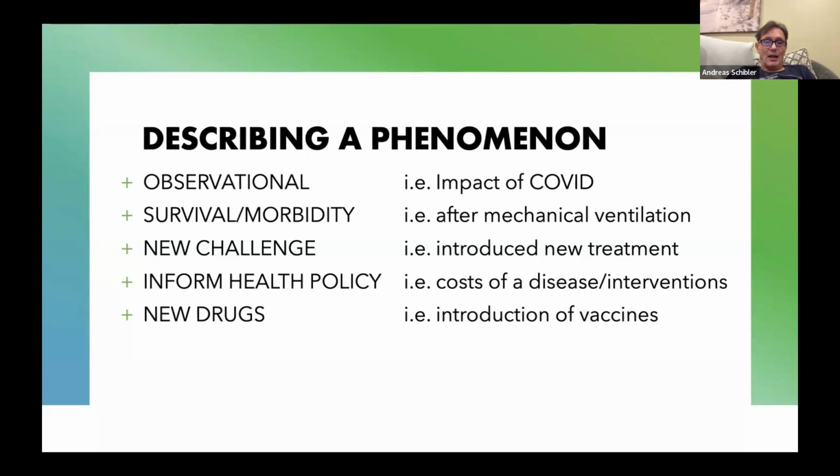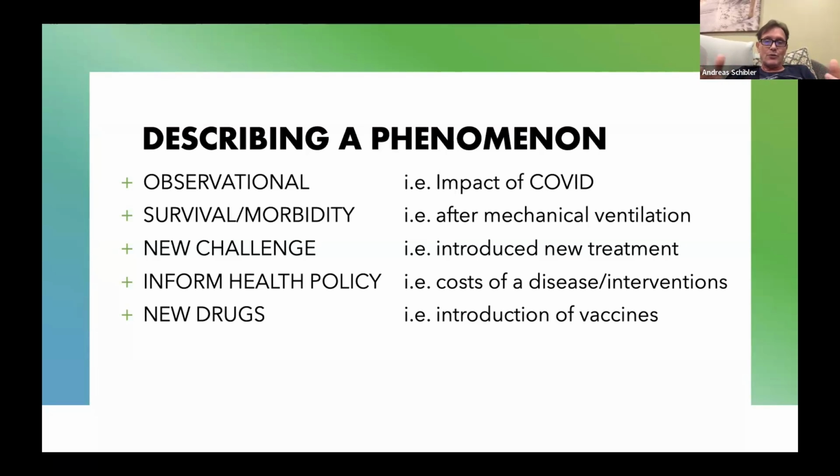Then you always have the new challenge, a new drug, a new treatment that you want to test, or you want to implement a new health policy where you show that the cost of the treatment, the cost of the disease or the intervention has reduced in comparison to outcome.